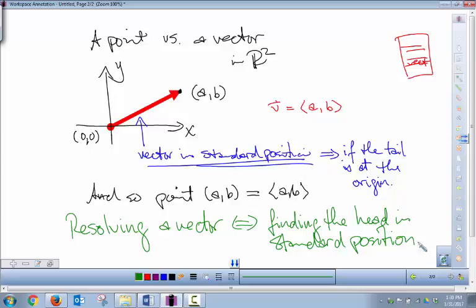Sometimes you might see a picture of a vector, or they might give you the direction with respect to some angle from the horizontal, and then the magnitude. If they give you that information, then you should be able to, quote, resolve the vector.